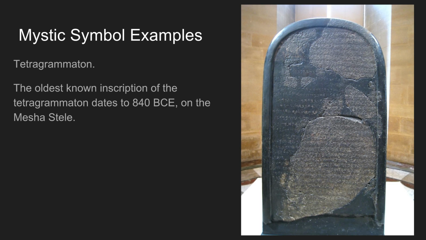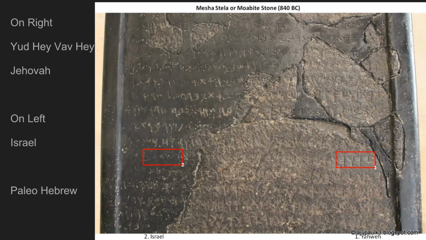It is actually simply the writing of God's name in Hebrew, and the oldest known inscription of Tetragrammaton dates to 840 BCE on the Merneptah Stele. And as you can see on the right in the red box, if you knew Paleo Hebrew, you would know that this says Yod He Vav He, which is Jehovah.